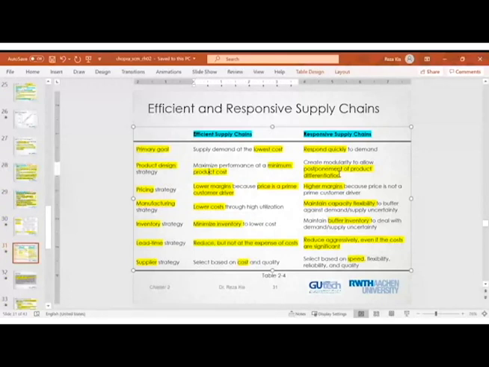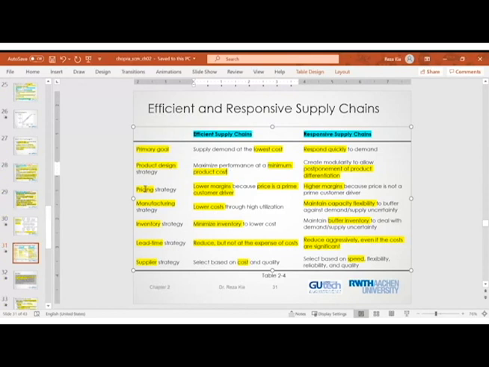So here, responsiveness is fulfilled through the postponement of the customization. But in an efficient supply chain, we cannot expect that level of customization, because here the main concern of the customer is price or cost.